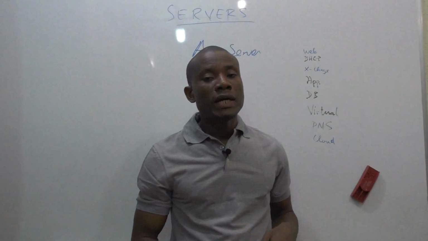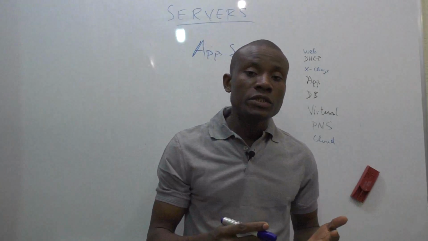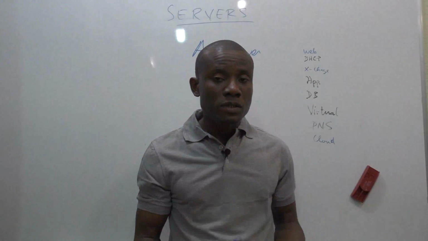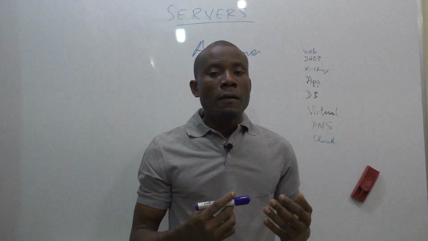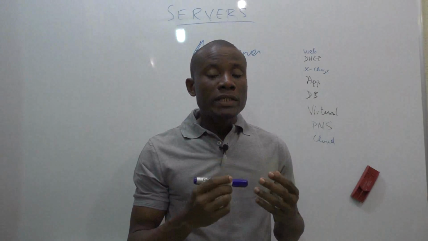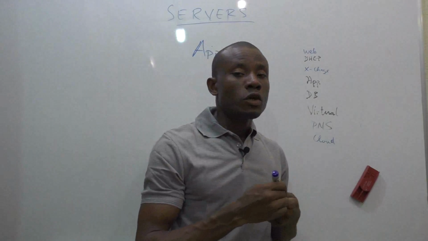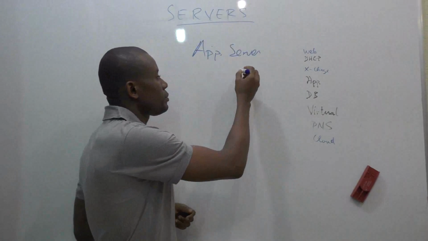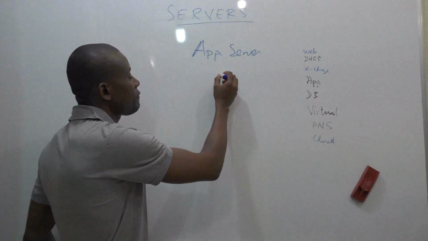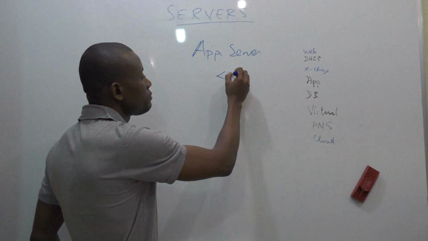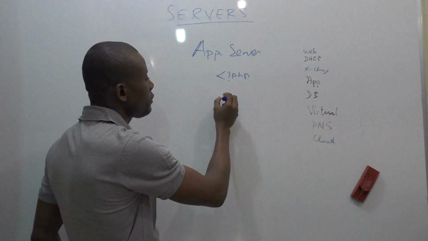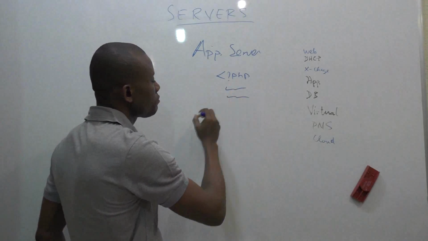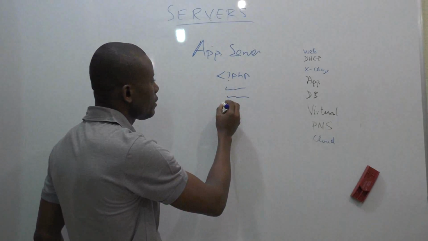Let me give an example. A pure HTML page is not a dynamic page. It's a static page that can even be rendered in your browser. But when it comes to a dynamic page that contains markup, for instance, we have PHP, and then we have some text.